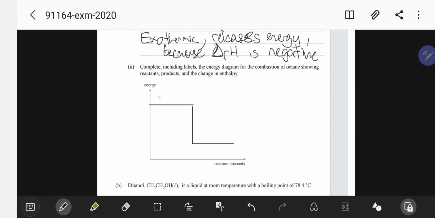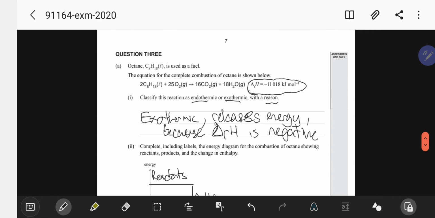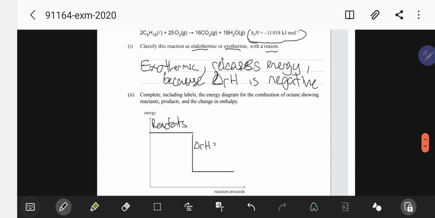So this is our reactants. This is our enthalpy change, that is negative 1018 kilojoules. And then this is our products down here.